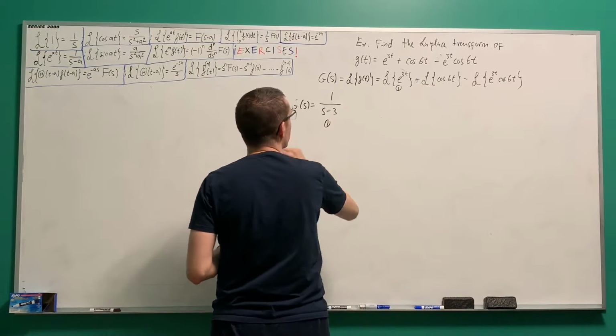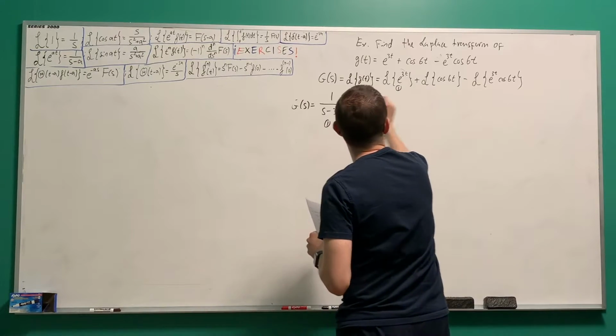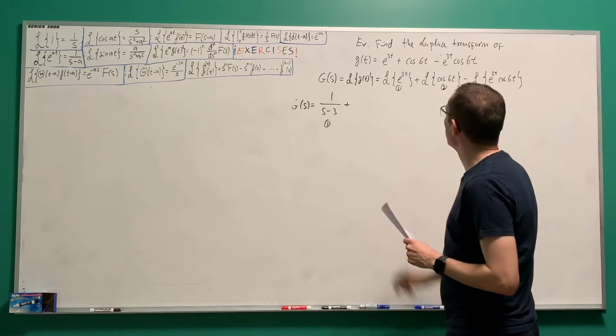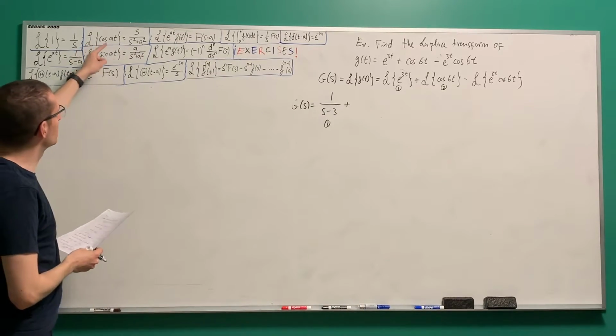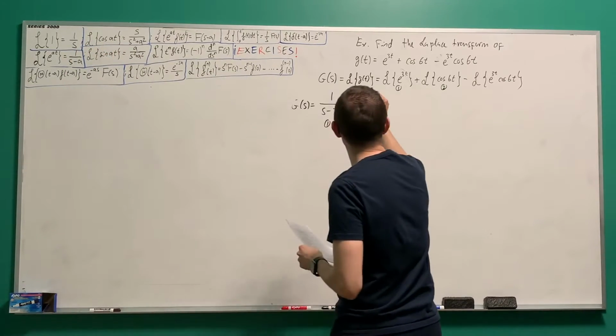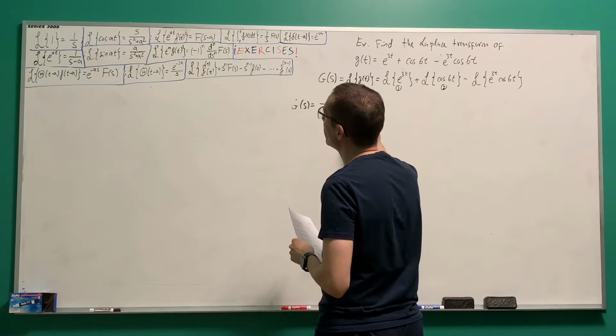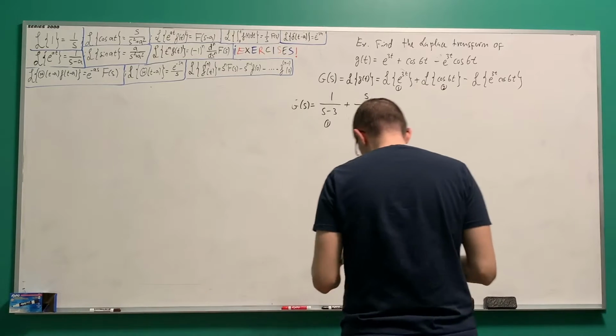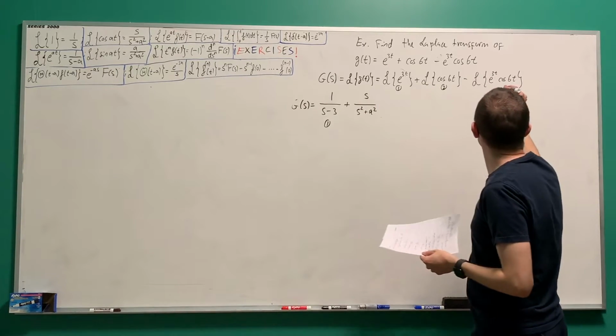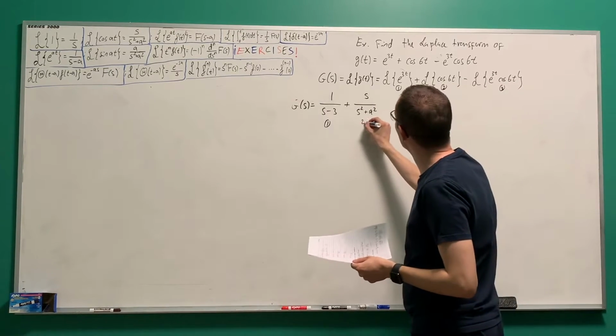This is term 1. Cool. Term 2 is a cosine. Again, very brainless. Find in the table the Laplace transform of the cosine. We've already done the hard work. That would be s divided by s squared plus a squared. And then term 3.